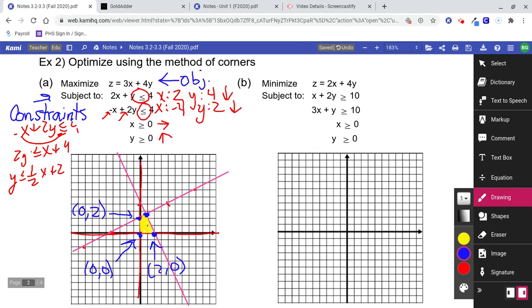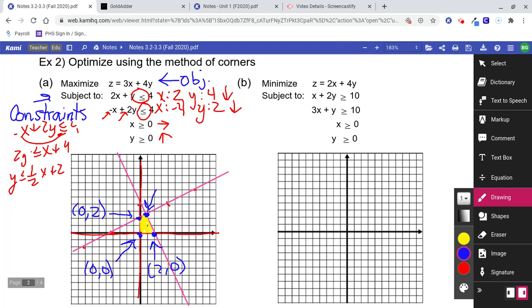But this one right here is going to be difficult because it's not right on a tick mark. So basically what you have to do is solve a system of equations. We're looking for the intersection. So go way back to Algebra 1 when we looked for where two lines crossed. Graphing was one way we could do that, but this one's kind of hard to do.